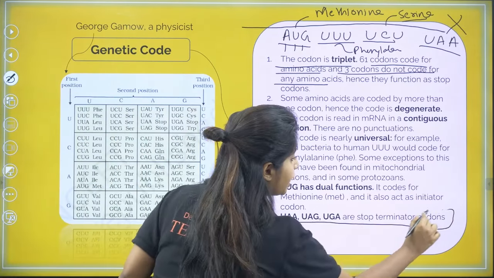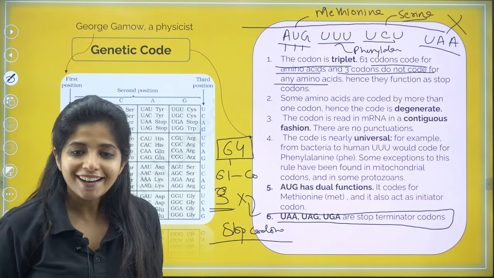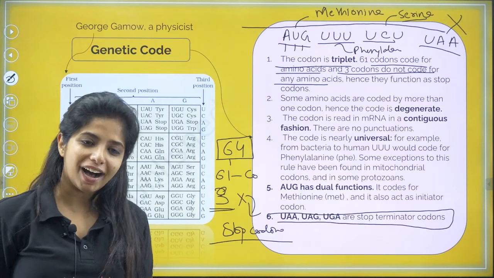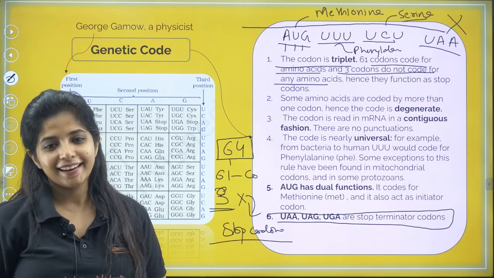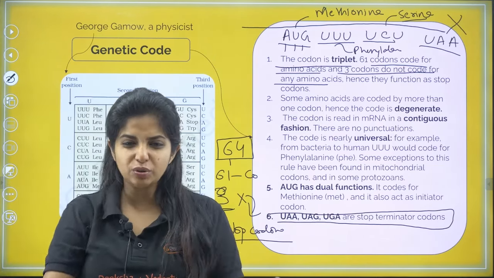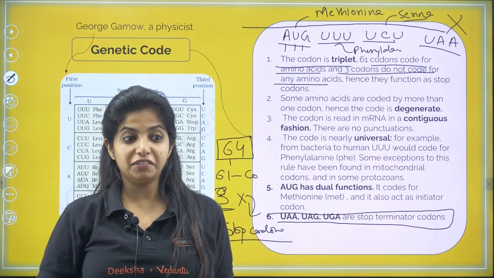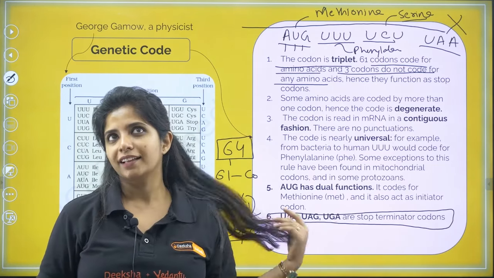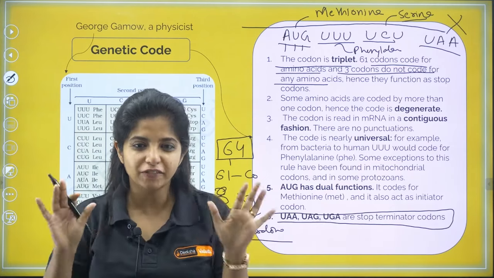It is UAA, UGA and UAG. Either way you remember it. Whenever something burns, you say UAH, okay. Then UGA is there, you have to remember UGA.